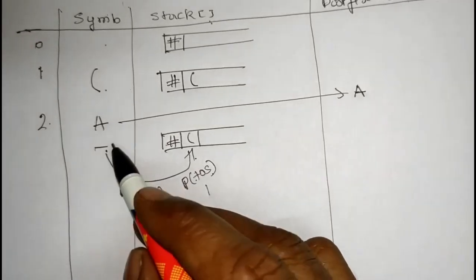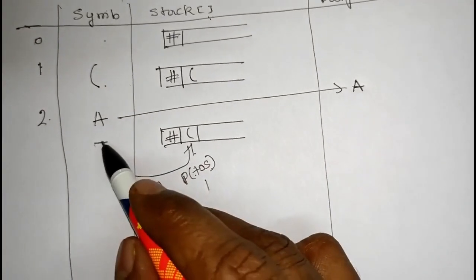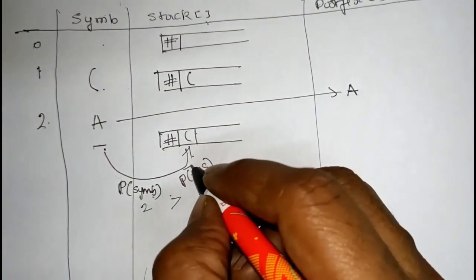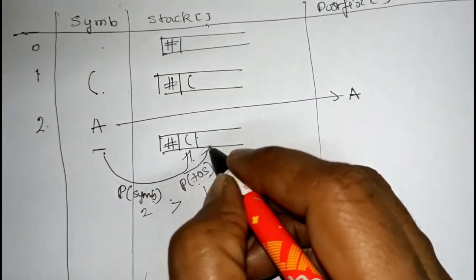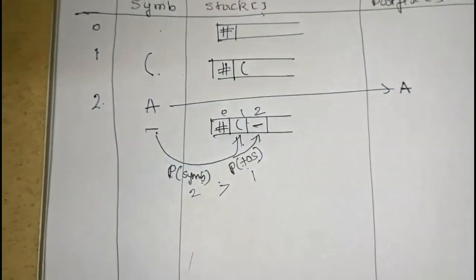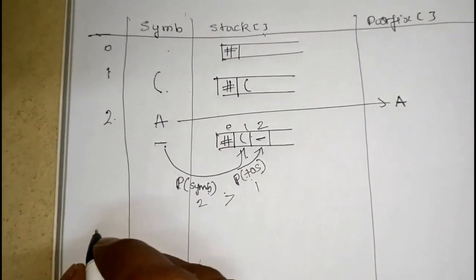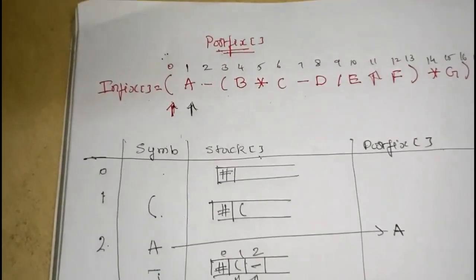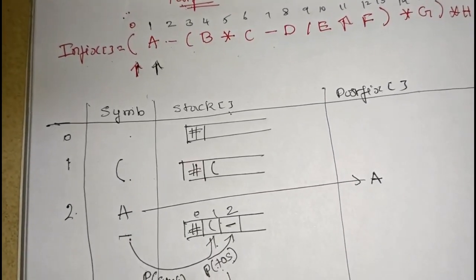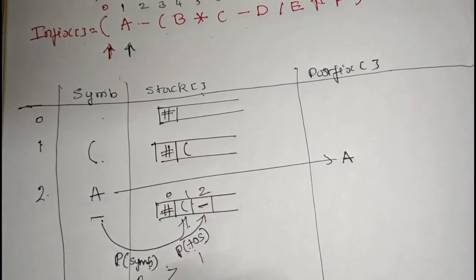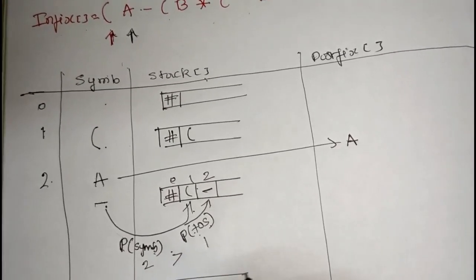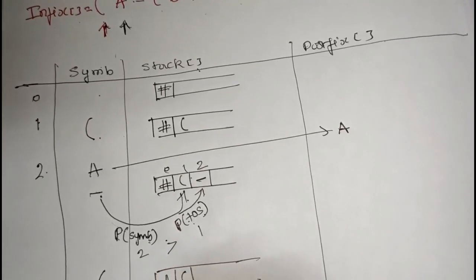If the precedence of the symbol encountered is greater than the precedence of the top of the stack, then we push into the stack. Clear? Now, the third one is again an open parenthesis. When we see an open parenthesis, we do not compare anything; we directly push it into the stack.